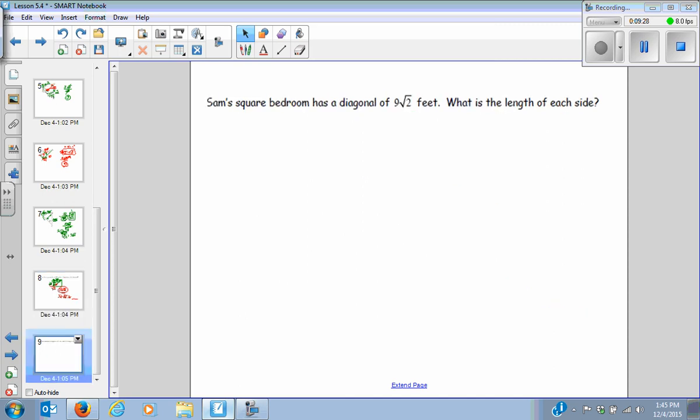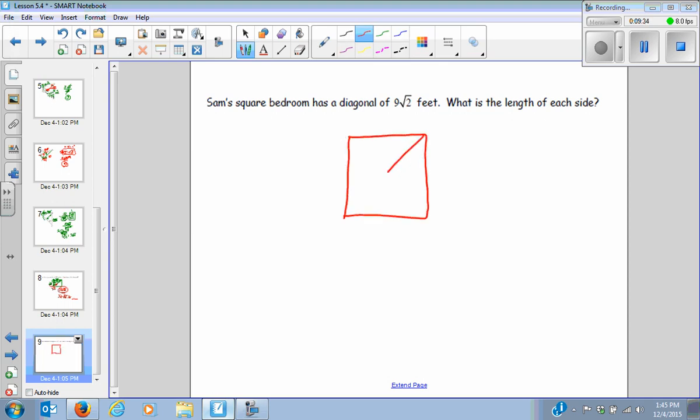All right, Sam's square bedroom, so we have another square, has a diagonal of 9 square roots of 2. What is the length? Well, if I'm going to do this, I've got to say, which way am I working?